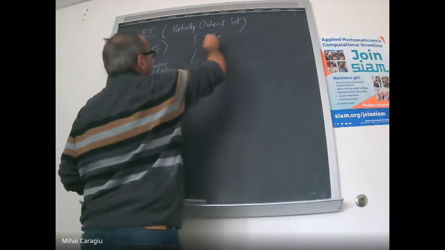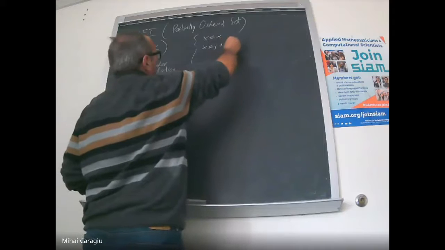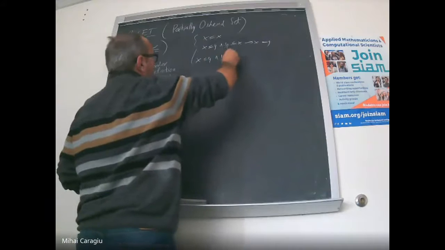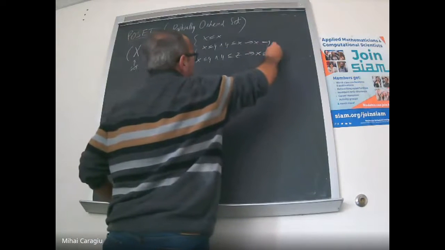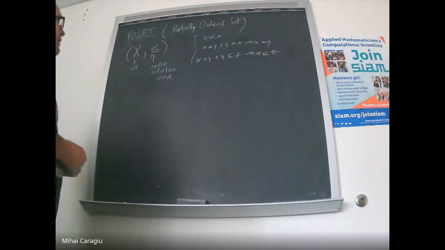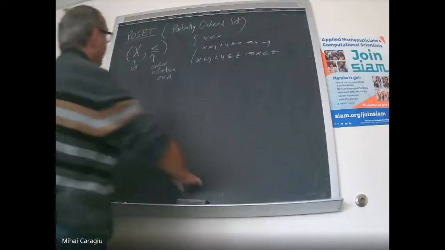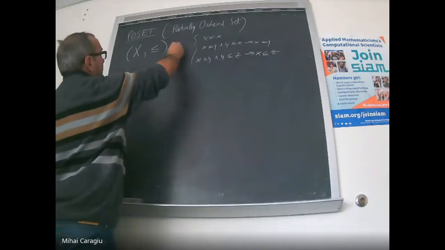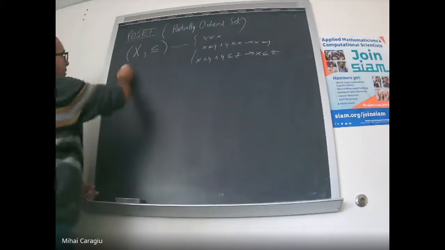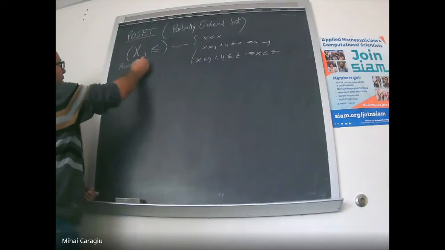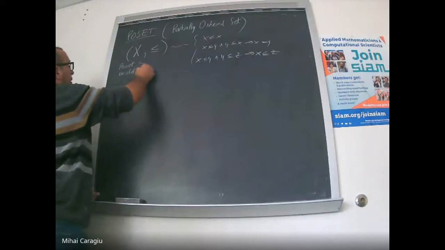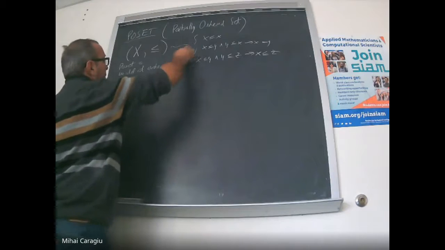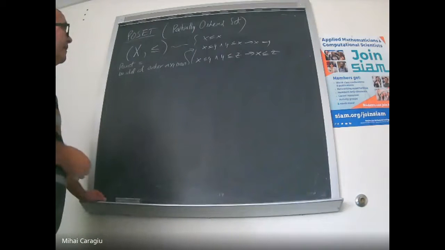X less than or equal to X; X less than or equal to Y and Y less than or equal to X implies X equals Y; and X less than or equal to Y and Y less than or equal to Z implies X less than or equal to Z. So in other words, a poset is any model of those axioms, the order axioms, which are reflexive, antisymmetric, and transitive.